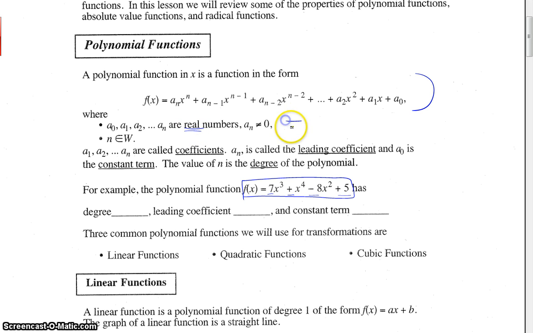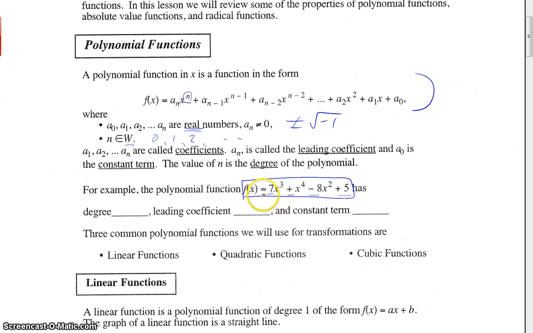So no square rooting a negative number. And the other condition it must hold is n, which as we see up here, is the exponent on our variable. And that has to be a whole number. Numbers like 0, 1, 2, and so on.